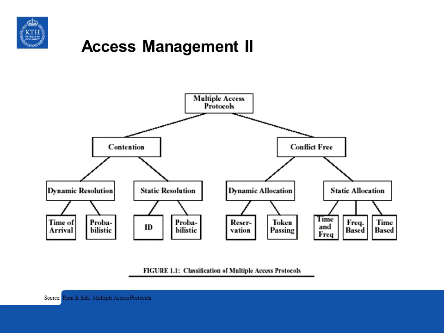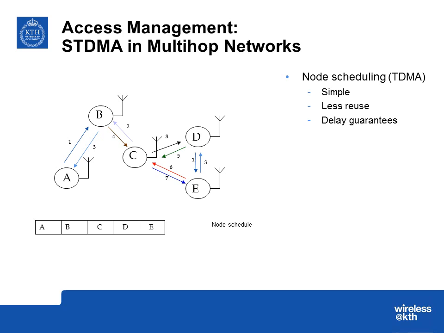So let's go and have a look at the other possibility of doing access management, that is deterministic or conflict-free access management, and we use a technique called the spatial time division multiple access protocol. The simplest way to do a protocol that is conflict-free is to schedule the transmissions from the individual nodes separately.